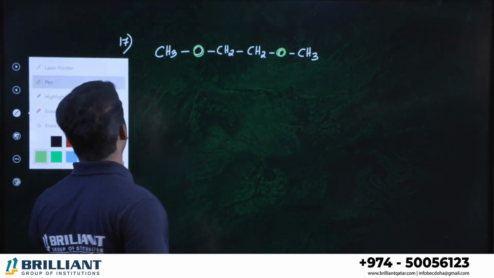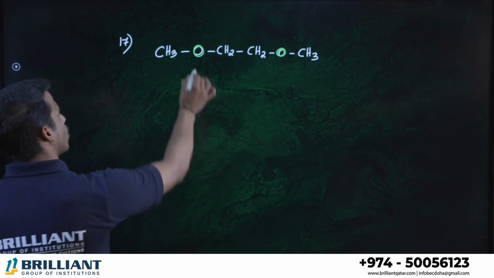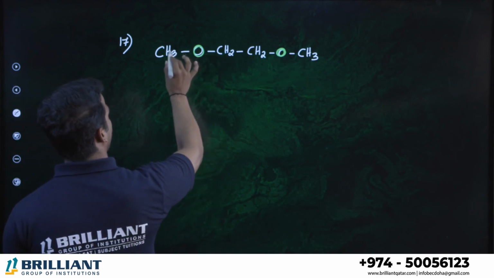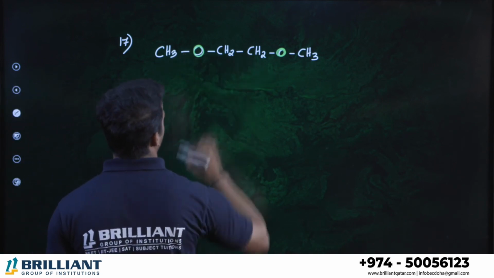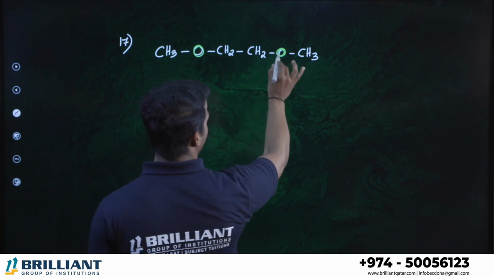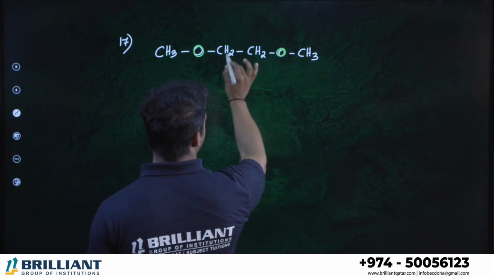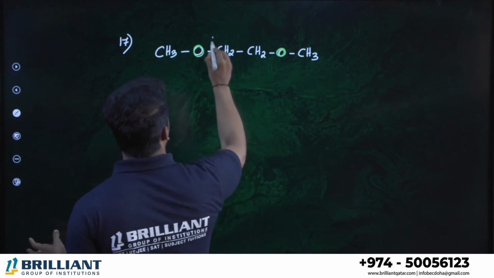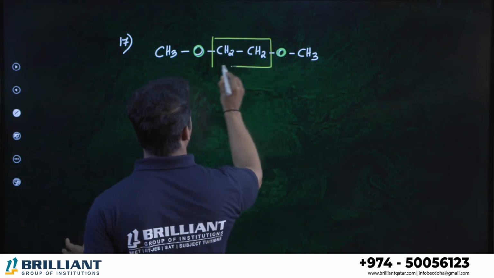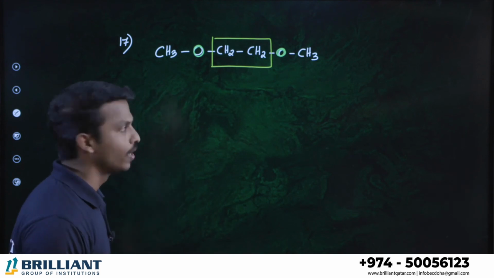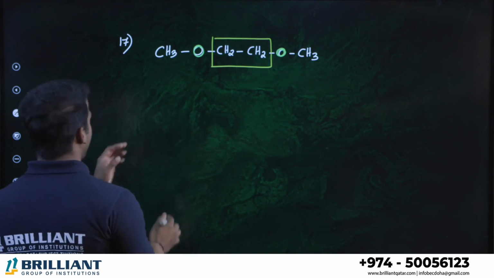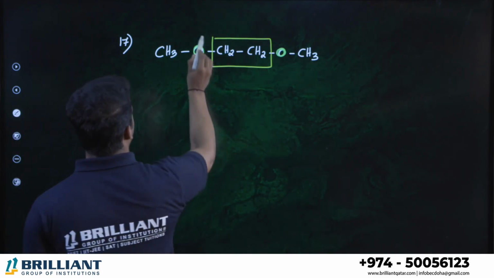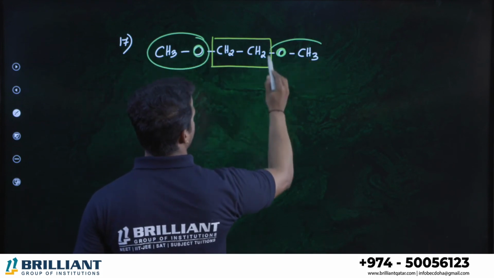Follow the rule: on this oxygen atom, left side 1 carbon, right side 2 carbons. On this oxygen atom, right side 1 carbon, left side 2 carbons. So in any ether, your parent chain is this side because there are 2 carbons together.